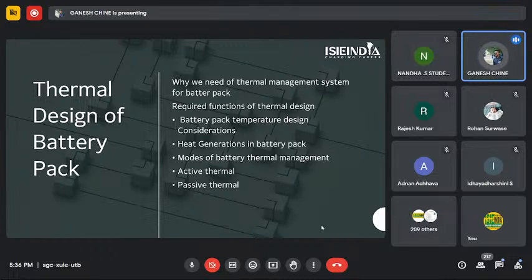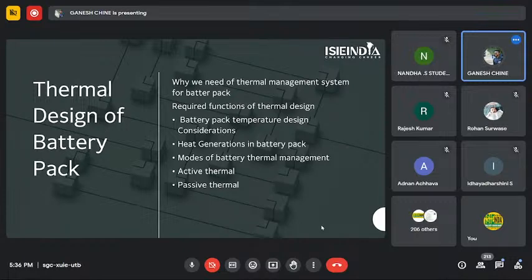We can calculate the heat generation in a particular battery pack by I square R, using the formula: heat generation in watts is equal to the current I square into R, meaning the current in the particular cell and the internal resistance of that cell. From that we can calculate the Joule heating.